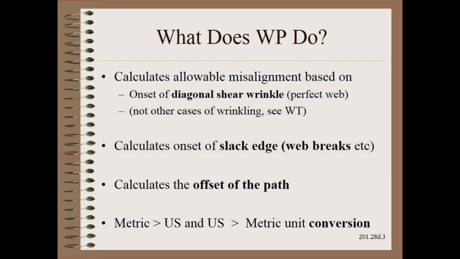Second, it calculates the onset of a slack edge that can be used to protect the web from non-wrinkle damage, such as web breaks and distortion. Third, it calculates the offset of the path due to in-plane misalignment. Finally, as with most all of the AbbottApps, it converts from metric to US units with a mere mouse click.